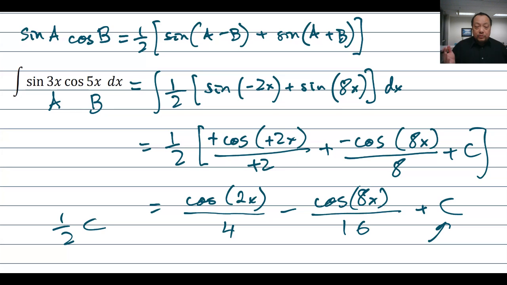If I divide by 2, it's just a new arbitrary constant. It's arbitrary anyway. For example, if I arbitrarily cause c to equal 100, then 1/2 c is equal to 50. Well, that's also arbitrary. I could have just arbitrarily called it 50. Because it's arbitrary, I don't need to write 1/2 c. It's just a new c.